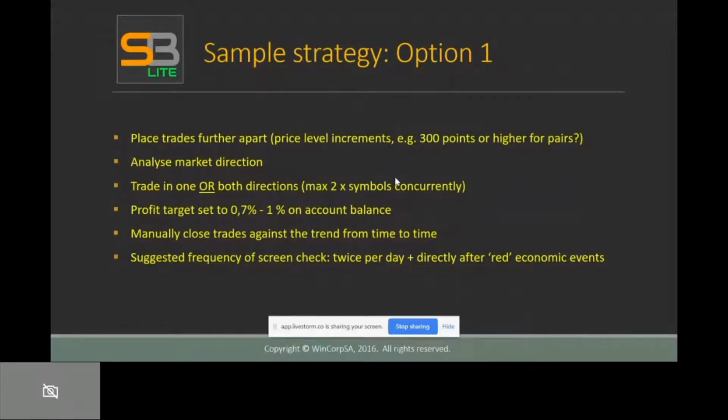We're trading the Euro USD currently, the Euro USD and the Aussie dollar and the USD JPY. They're all starting around 300 points difference between the price level difference between these trades, which means that once a trade is opened, the market has to progress a full, say, 300 points or 30 pips before the next trade will open.